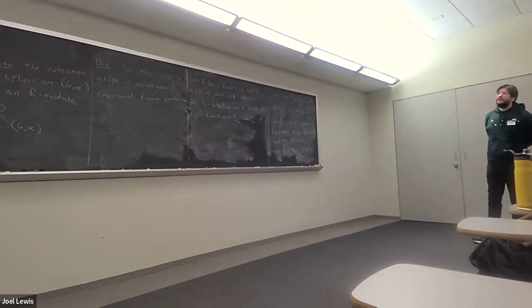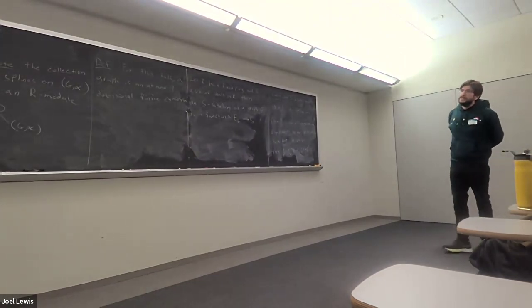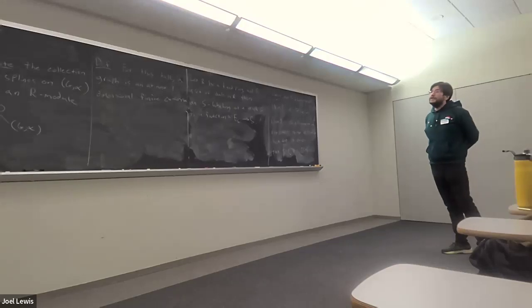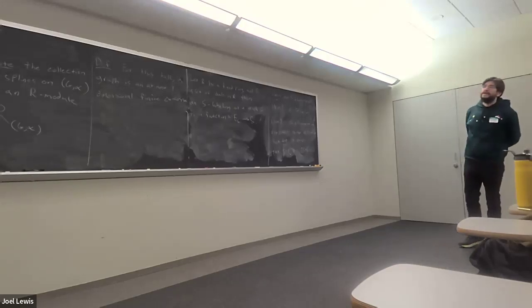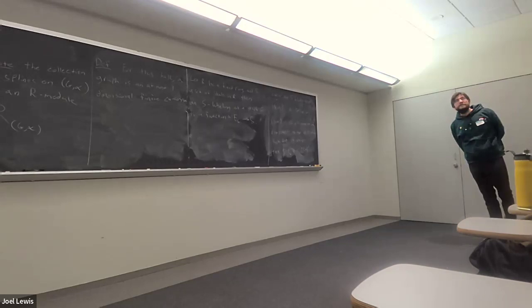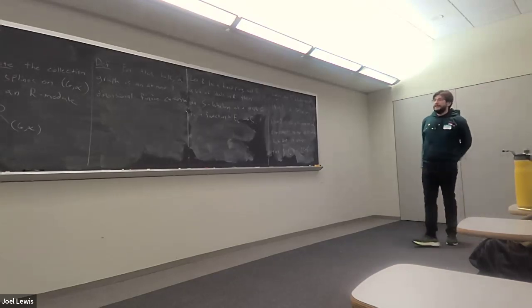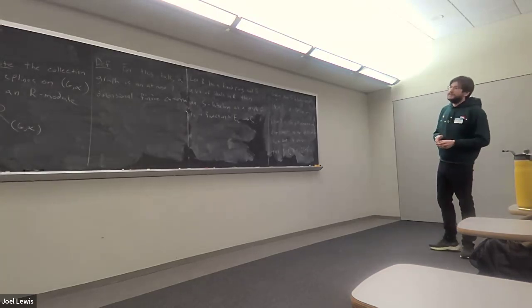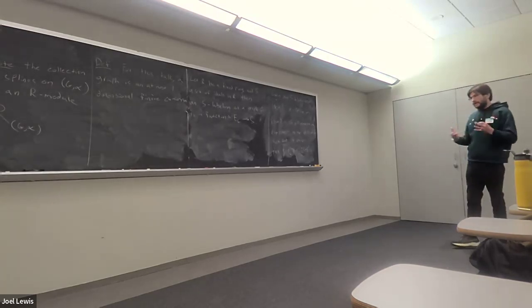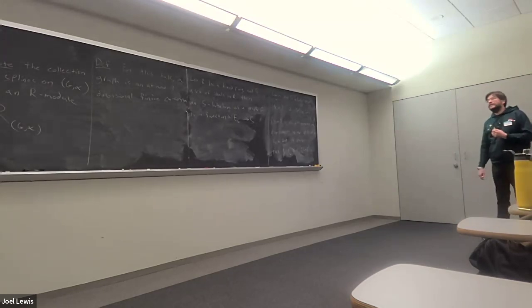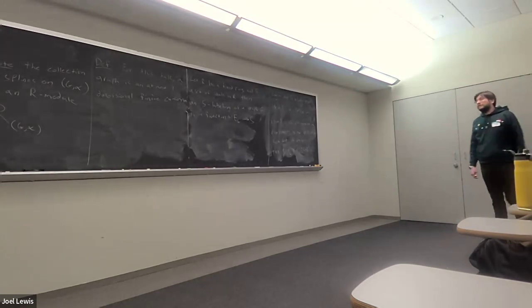And the idea is that the module of splines is related with the equivariant cohomology of that toric variety. So the module of splines, for an arbitrary graph, is something that generalizes this object, which is very heavily rooted in algebraic geometry.